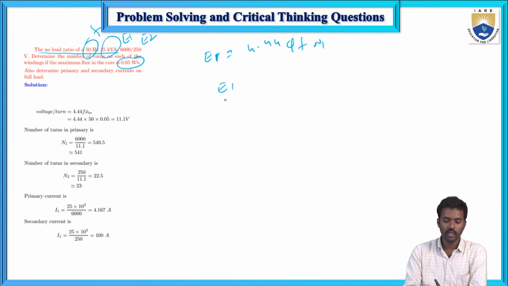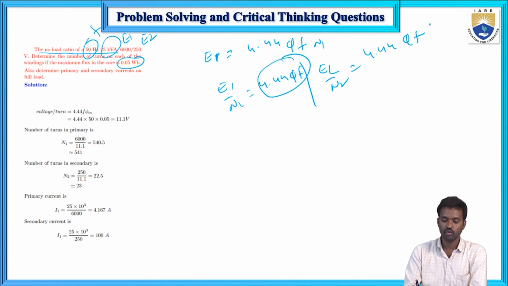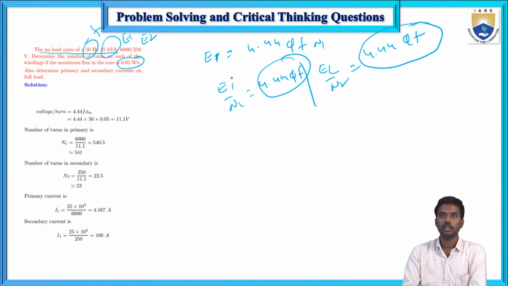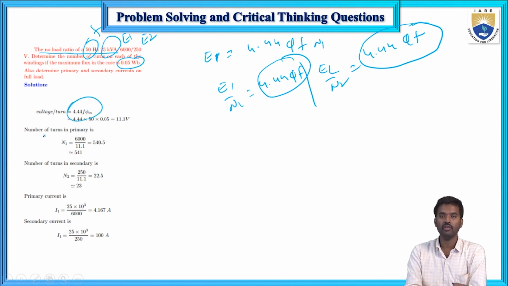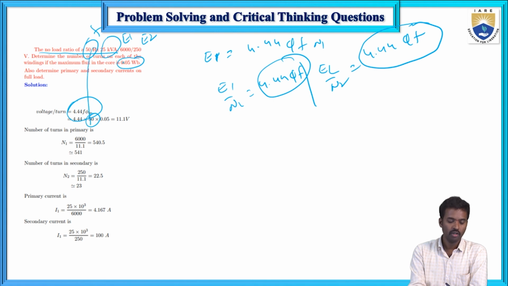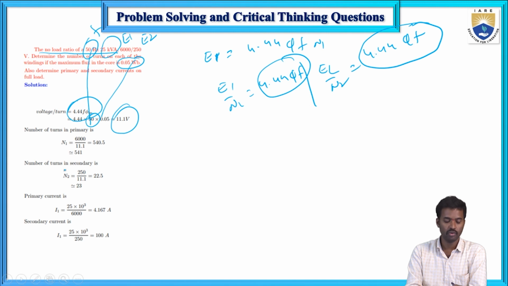So E1 by N1 equals 4.44 phi f, or E2 by N2 equals the same thing, 4.44 phi f. So same thing here, this value is for both EMF per turn, primary side and secondary side. Now here f equals 50 Hz and phi equals 0.5. So that equals 11.1 volt.